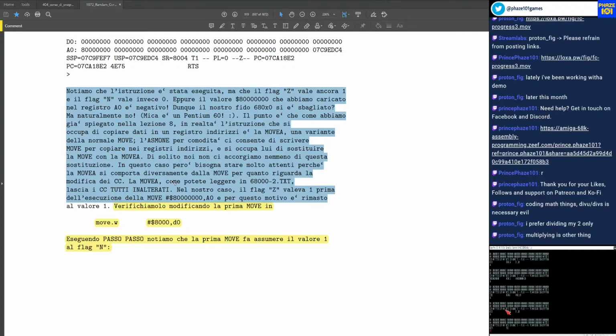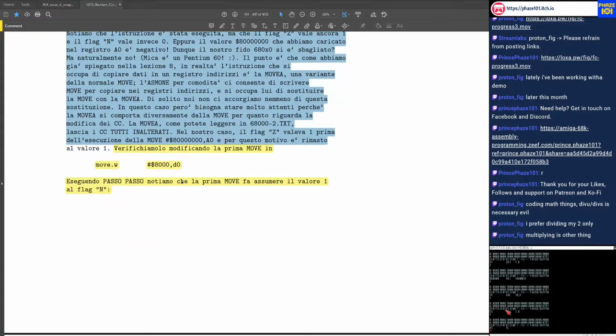The assembler does it behind our back and lets us think that move is move, but actually we are doing a MOVEA. So that's the first difference between a move to a data register and to an address register. Secondly, they behave a bit differently, which I'm going to show.